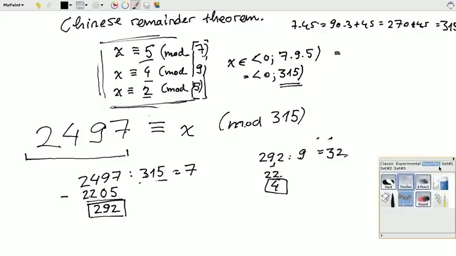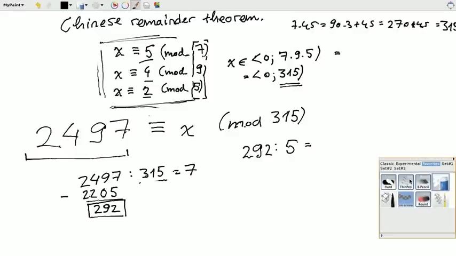Great. Second condition, check. And now we're in the final stretch. 292 divided by 5. Well, it's no rocket science. Actually, the remainder of 292 after division by 5 is 2. It should be obvious because 290 is a multiple of 5. Okay, all conditions fit.